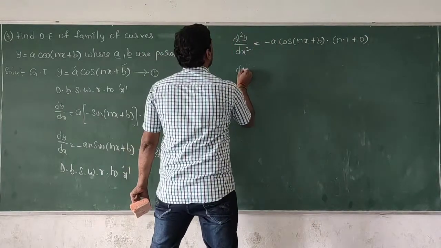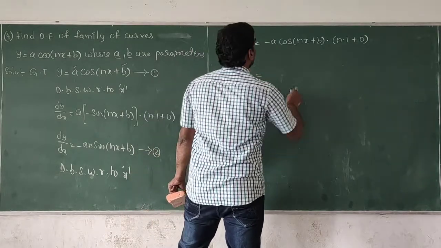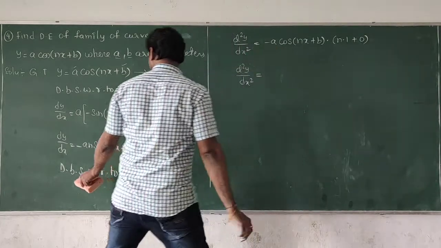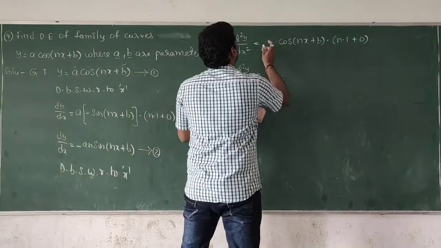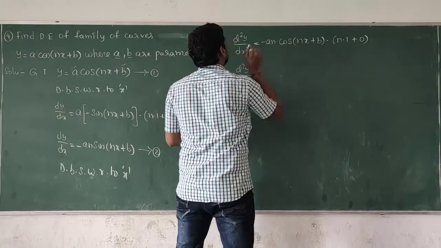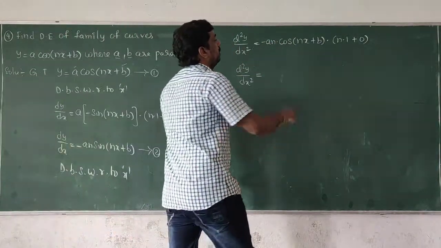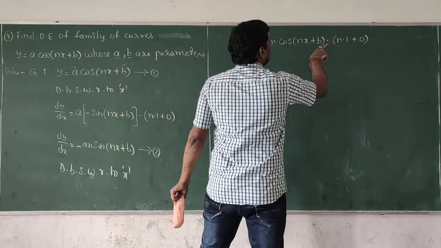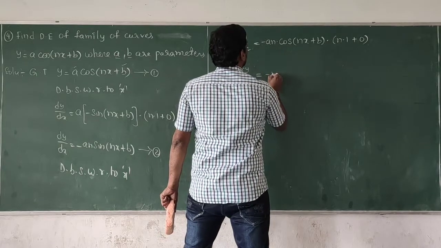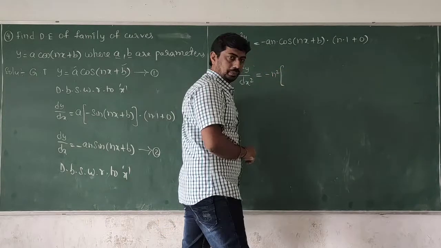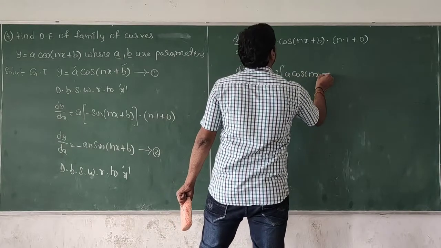So d square y by dx square, here minus a n constant, sin of nx plus b differentiation cos of nx plus b. Now n into 1, n, so minus this can be written as minus n square into a into cos of nx plus b. Is it clear?